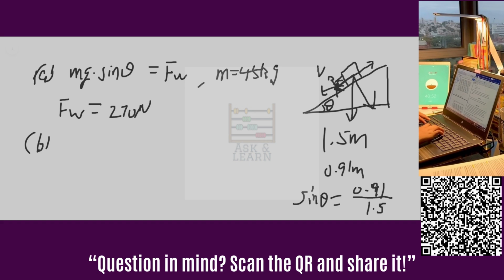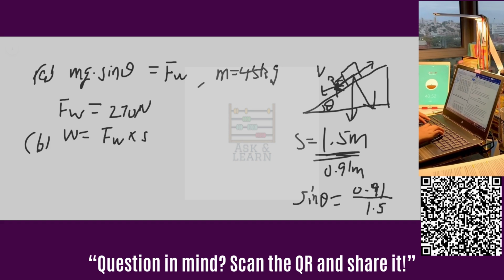Okay, and for part B, we want to find out the work done by the worker. The work done by the worker, we can simply utilize the definition of work. So Fw times S, where S is the length of the incline, which is 1.5 meters.